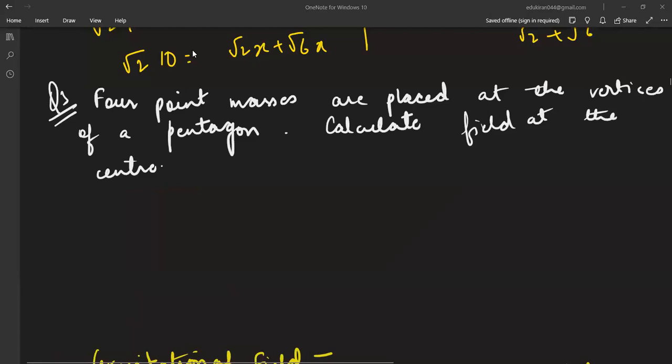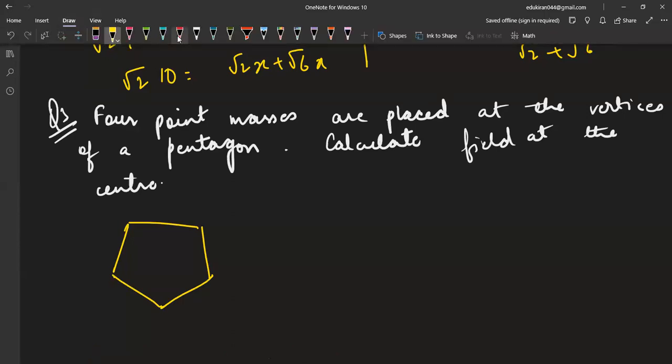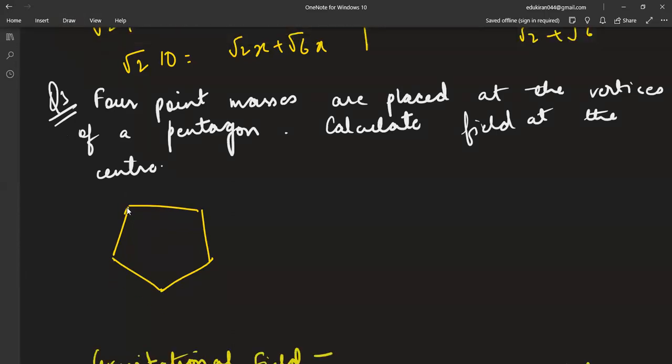Hey class, 4 point masses are placed at the vertices of a pentagon. So pentagon has how many sides? 5, right? So pentagon has 5 sides, but the masses that are given are just 4 masses. So it's like a pentagon is there, but every corner of the pentagon is not filled by a mass. 4 point masses are there.